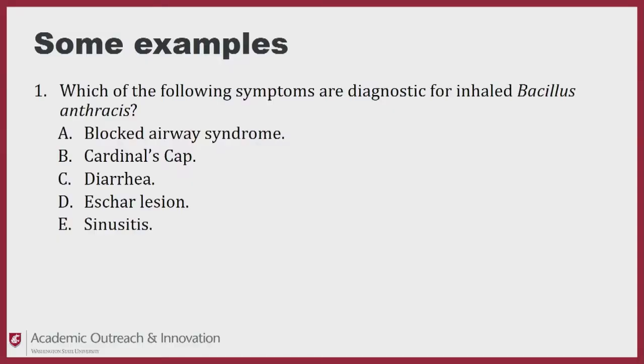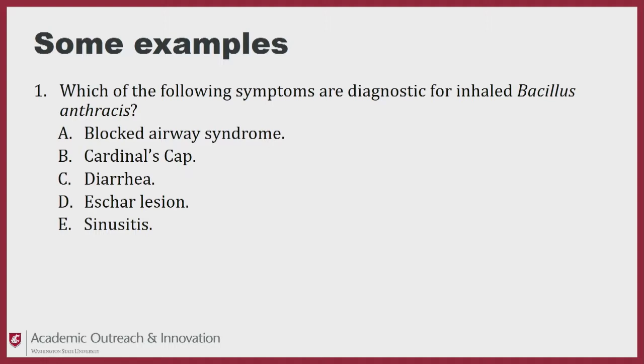So I want to show you that I do my best to write good questions. And again, these are all microbiology questions from my area of expertise. But in this particular case, my test questions are just here as examples. So I had my students learn about different ways you can get Bacillus anthracis infection, which is the microbe that causes anthrax.